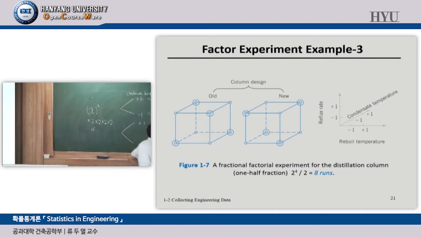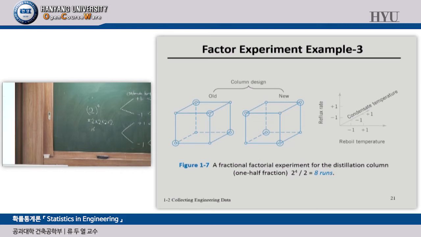And this is a typical example. Since the old distillation column has the same system as the new distillation column, we can reduce some inputs because, for example, if we have just these 4 cases from the old distillation column system, we can simply expect that the results from these 4 points can also be obtained from the new system. Because nothing is changing in the new distillation column system; we just add the new distillation column.